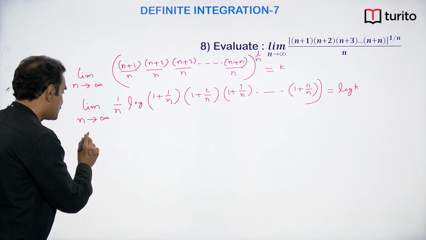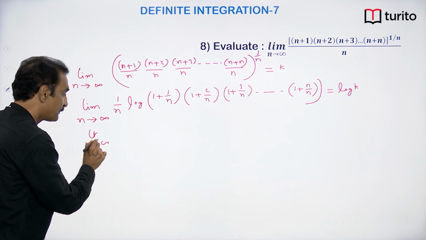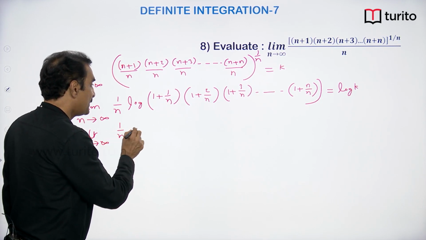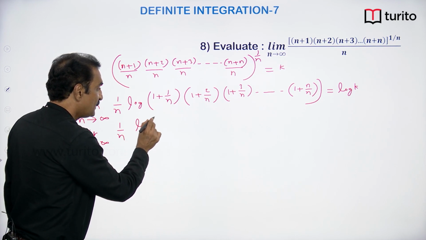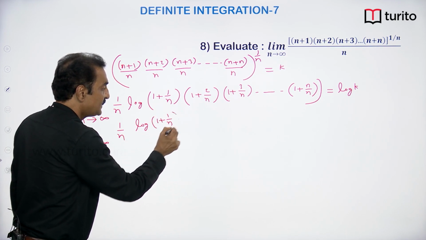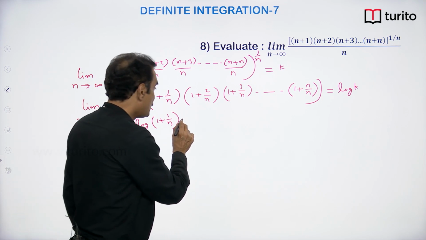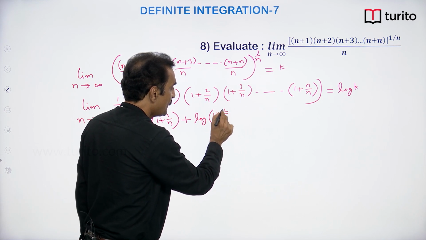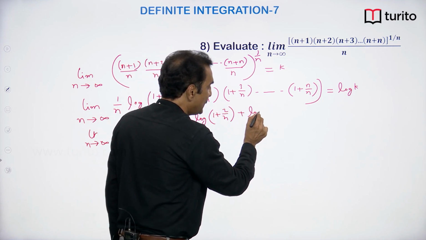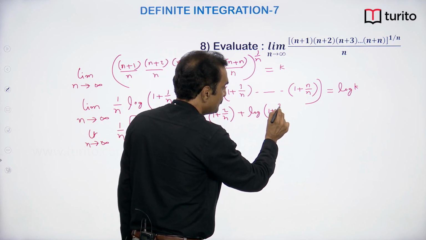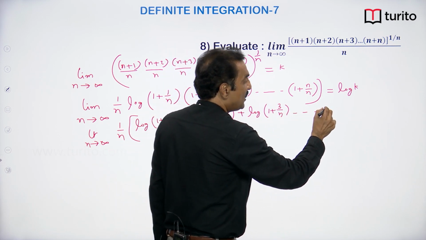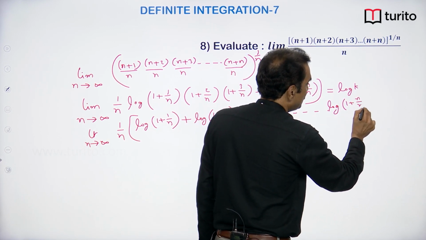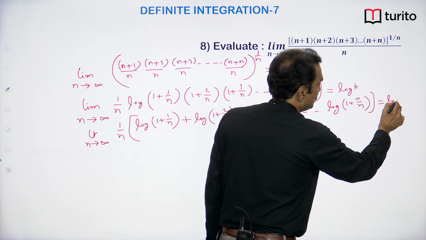So I will write it as limit n tends to infinity, 1 by n into log 1 plus 1 by n plus log 1 plus 2 by n plus log 1 plus 3 by n and so on, log 1 plus n by n, is equal to log k.